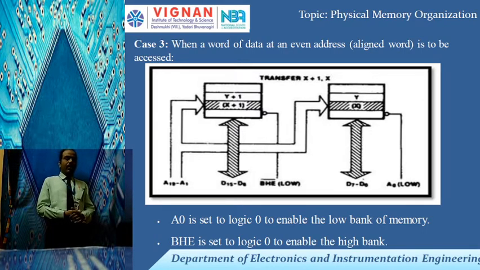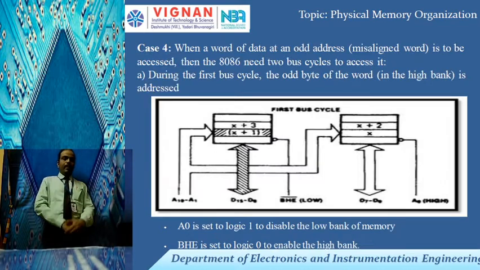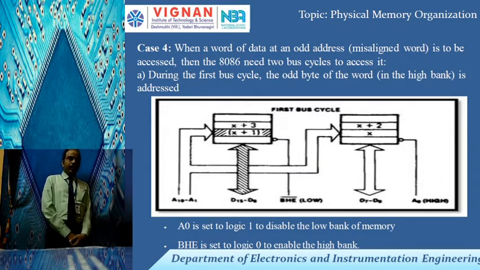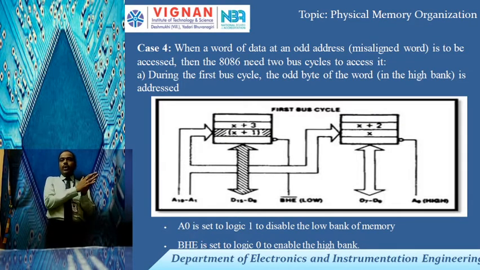Here we have a word of data, that is 16 bit data, with an even starting address: the lower byte is stored at the even address and the higher byte at the odd address. Then only one bus cycle is enough, just by setting A0 to 0 and BHE bar to 0. But there is another, fourth case, when a word of data starts at an odd address, that means the lower byte is stored at an odd address.